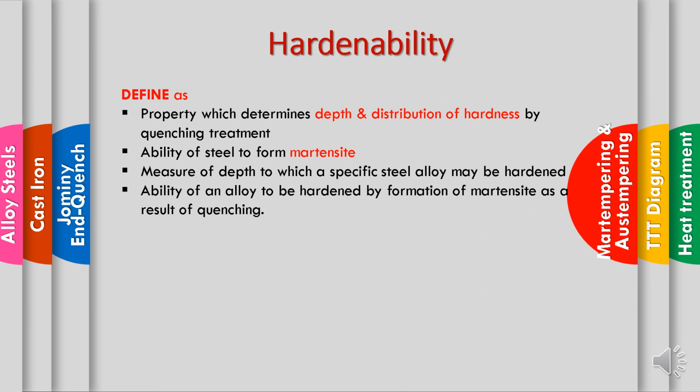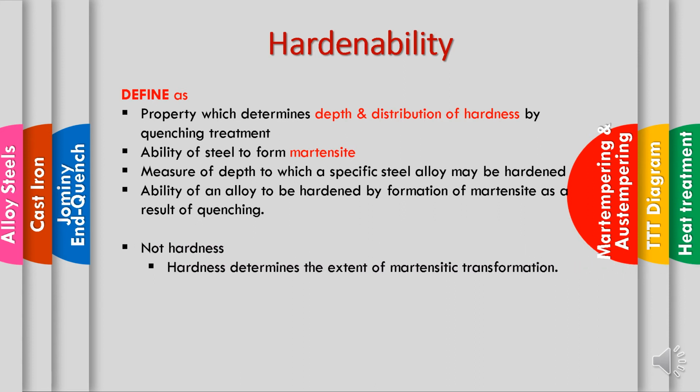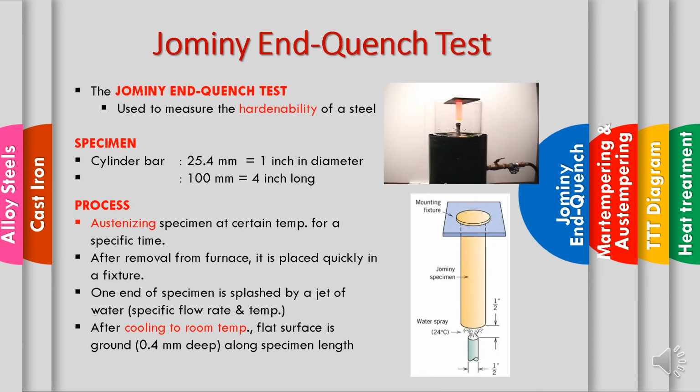The ability of an alloy to be hardened by formation of martensite as a result of quenching. Okay, hardenability determines the extent of martensite transformation. Okay, it is measured by the Jominy end quench test, so we will discuss more on the Jominy end quench test.